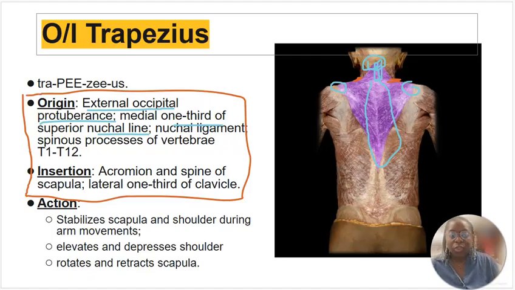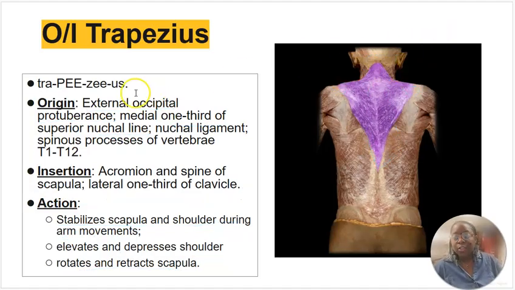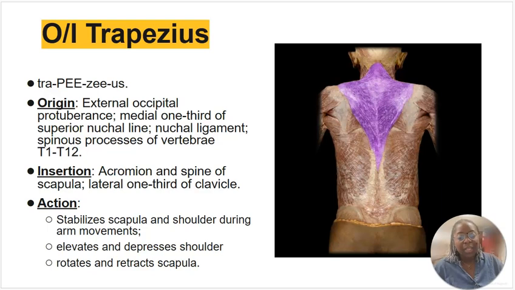You get to choose which ones you want as long as you memorize at least two. Practical. Now here, actions: it's going to help stabilize that scapula and shoulder during arm movements, and also elevate and depress the shoulder and rotate and retract the scapula. So it has a whole lot of range of motion just because of how big it is and how many insertion points it has.